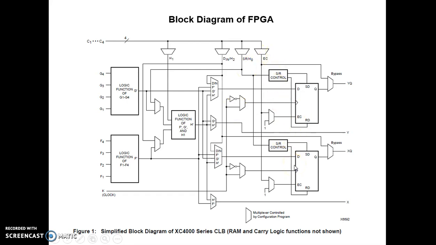There is a clock enable signal. The sources of EC and 3 other internal signals are selected from a set of 4 miscellaneous inputs C1 to C4 by multiplexers at the top of the CLB.